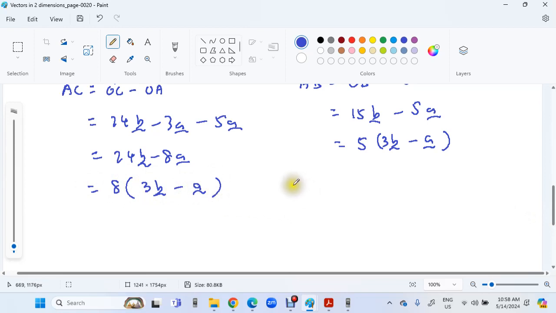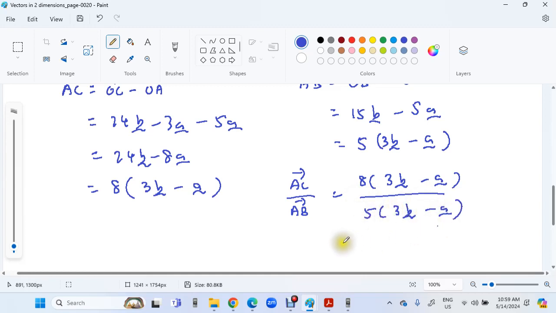So over here, we use AC over AB. It will be 8 times (3b minus a) over 5 times (3b minus a). Then it is 8 over 5, so AC is 8 over 5 AB.